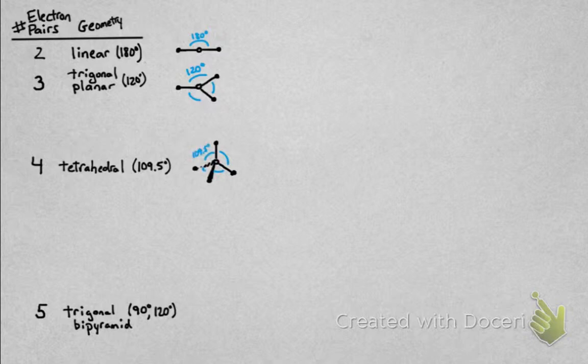This is the furthest apart. Now remember that the wedged line is coming out of the screen, the dashed line is going back into the screen, and the 2 regular lines are in the plane of the screen. This results in a pyramid type shape with a trigonal base.